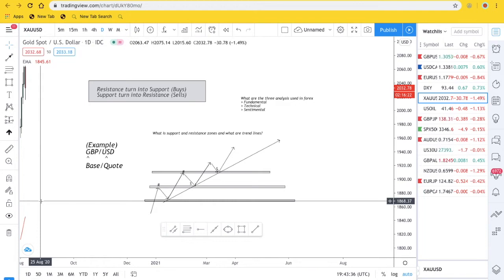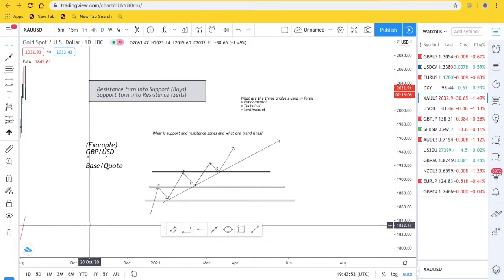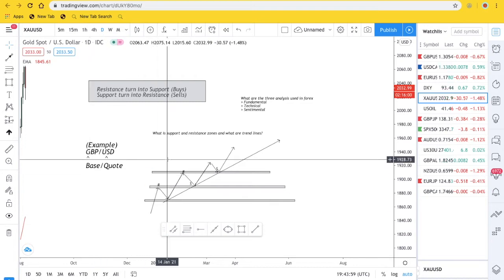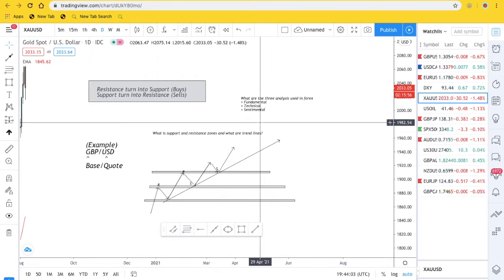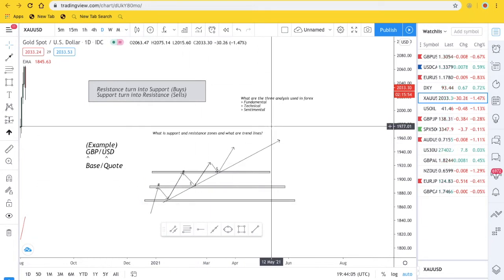You as a trader, you want to see if the base currency has more value or less value than the quote currency. If the base currency has more value than the quote currency, guess what? You're in an uptrend. If the base currency has less value than the quote currency, guess what? You're in a downtrend. So look, right now you see an uptrend, right?